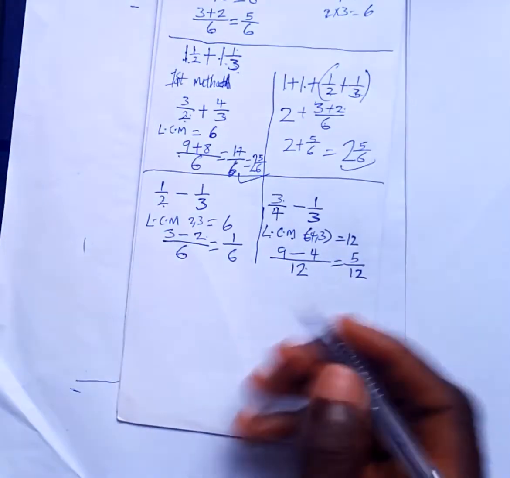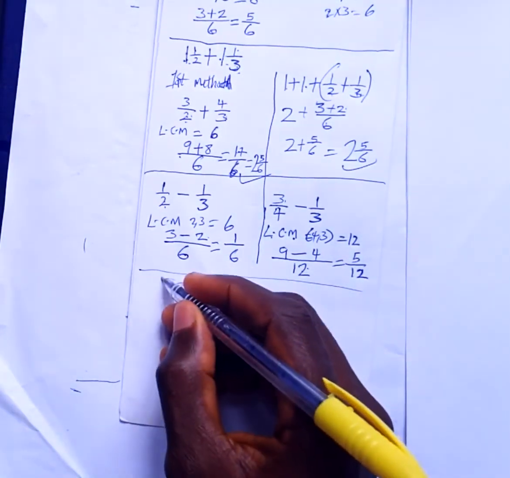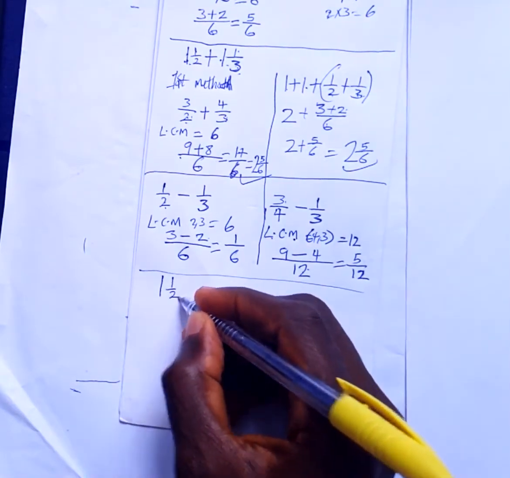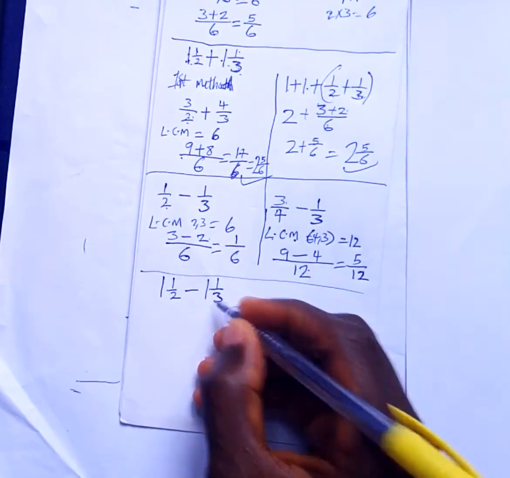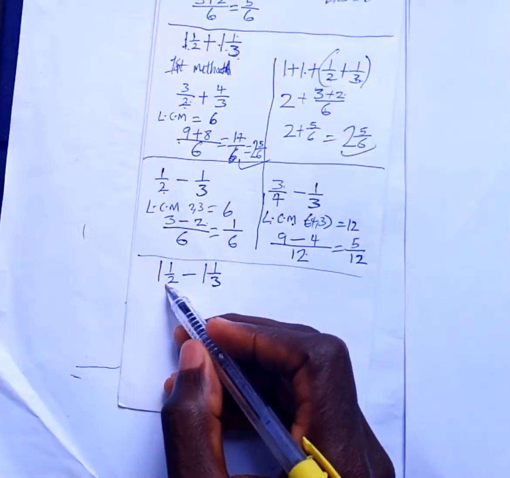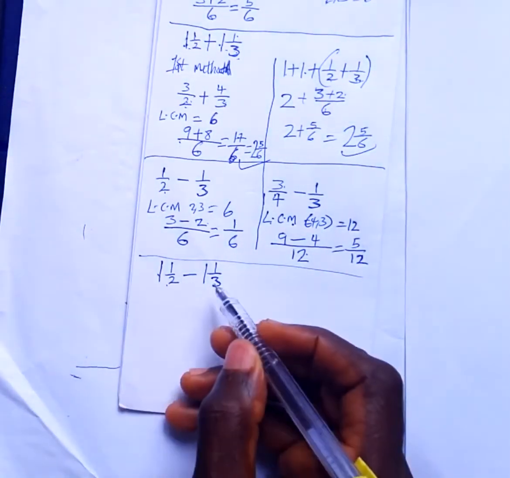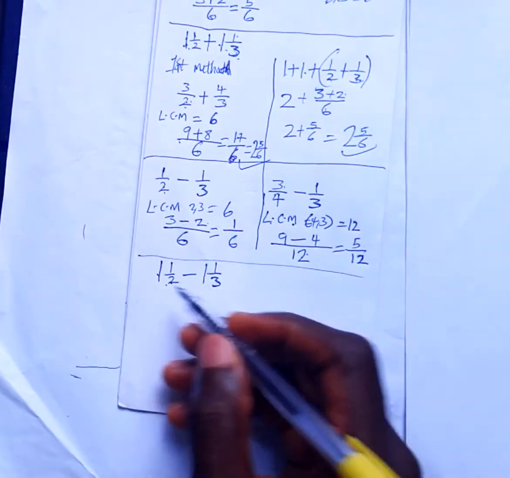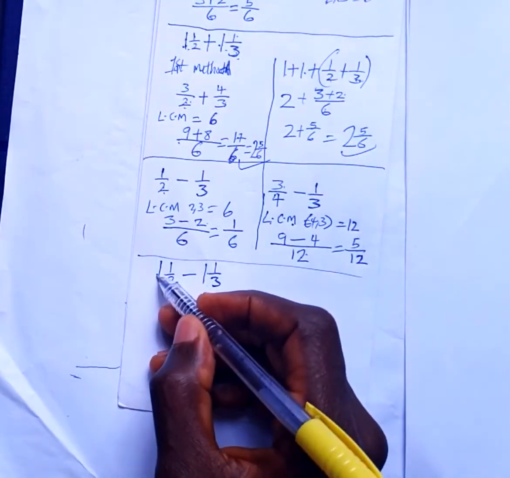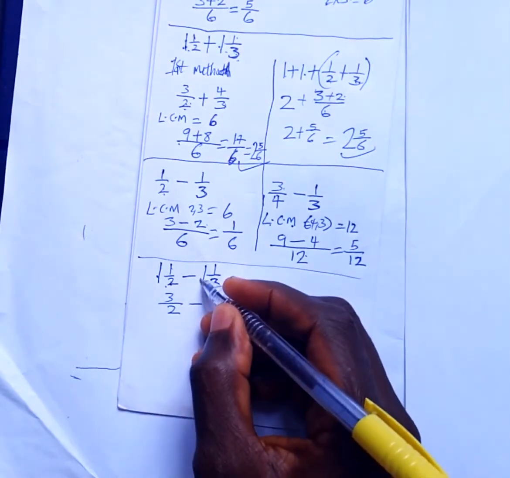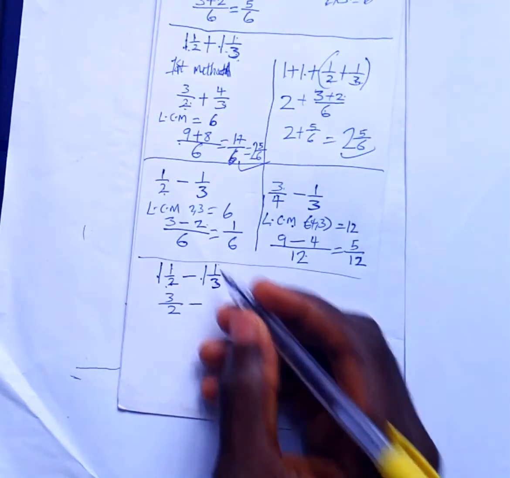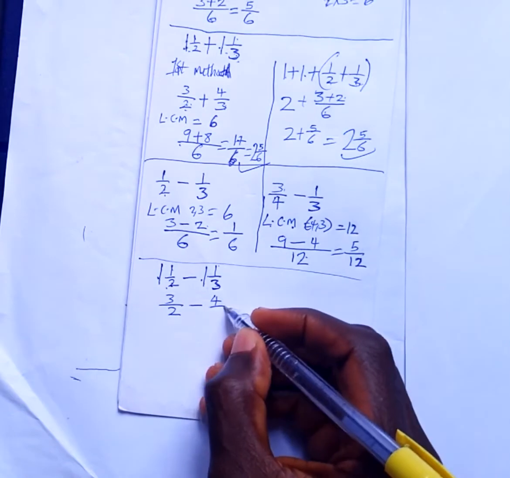So let's do this. 1 whole number 1 over 2 minus 1 whole number 1 over 3. So here, if you are to do this using the method I told you, convert to improper fraction. 2 times 1, 2 plus 1, 3 over 2 minus 3 times 1, 3 plus 1, 4 over 3.